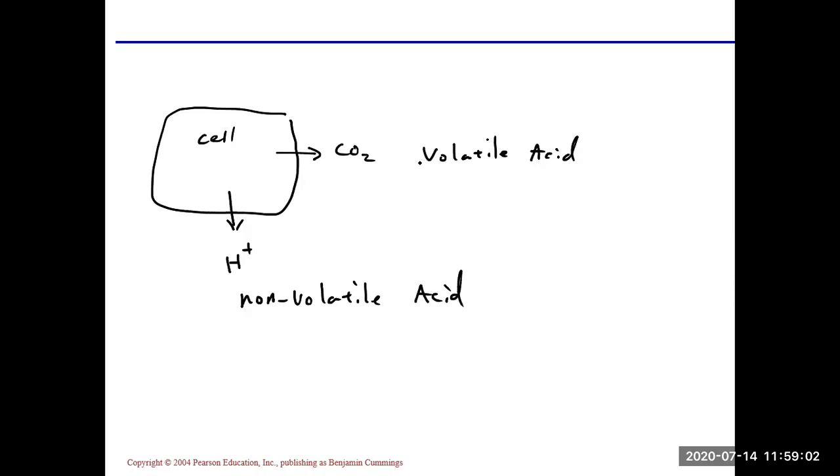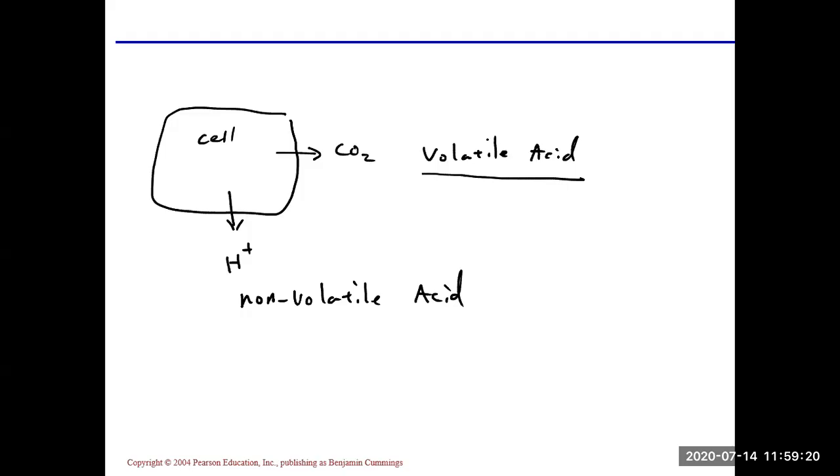So the volatile acid means that they don't get dissolved in a solution very well. All right. So if you go under the water and you blow air, that's carbon dioxide. What do you see? You see those bubbles that start forming.